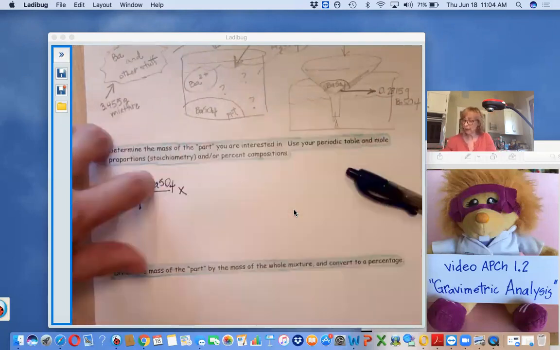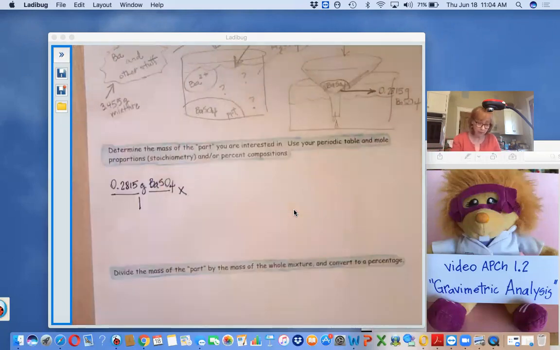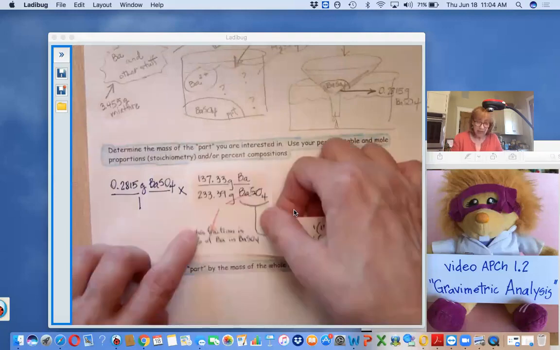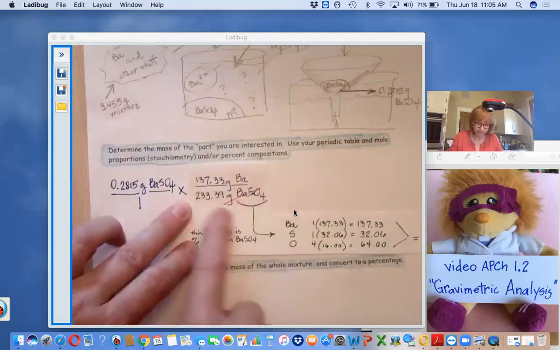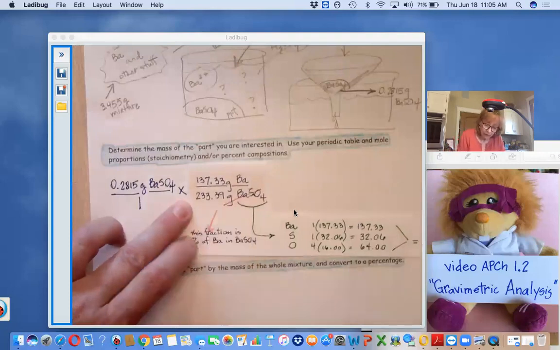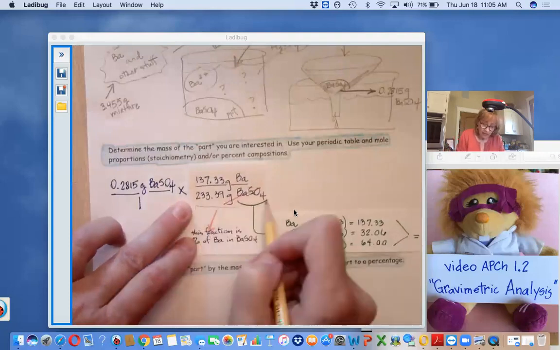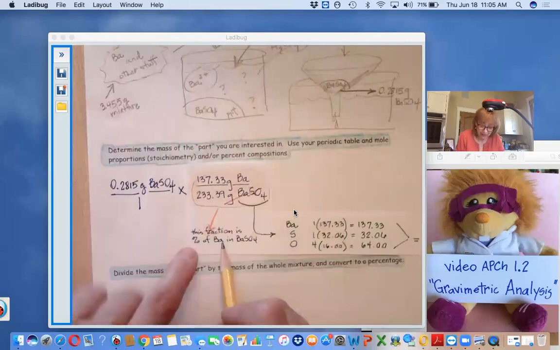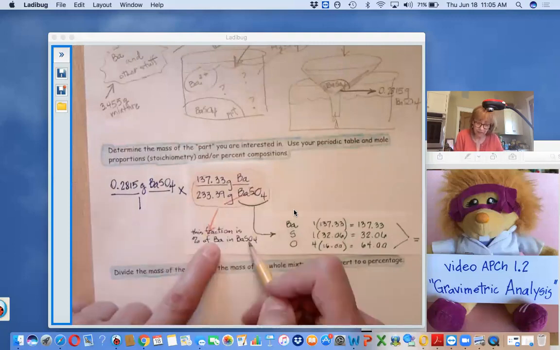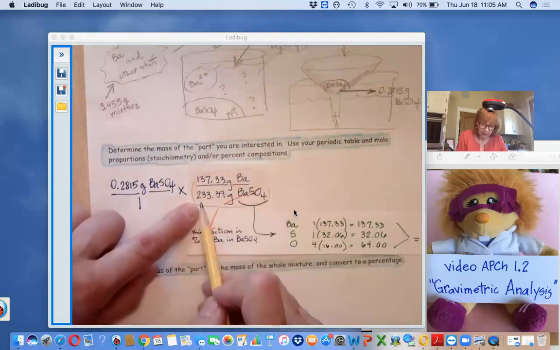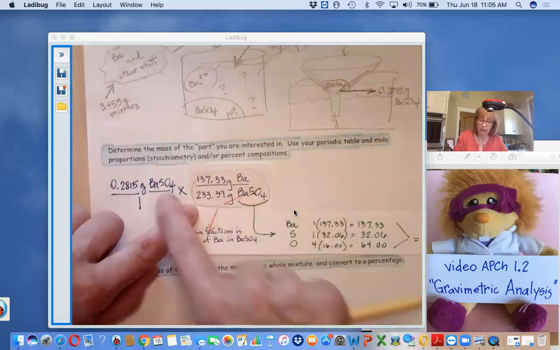So this is where I use my periodic table. And I come up with this fraction. This fraction is actually the percentage of barium in any sample of barium sulfate. So I am using my periodic table, first of all, to get the molar mass of the compound barium sulfate.